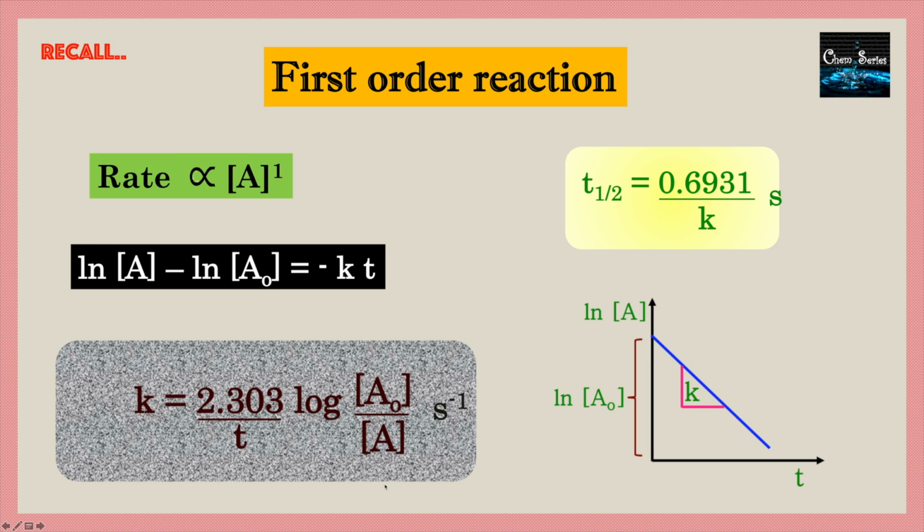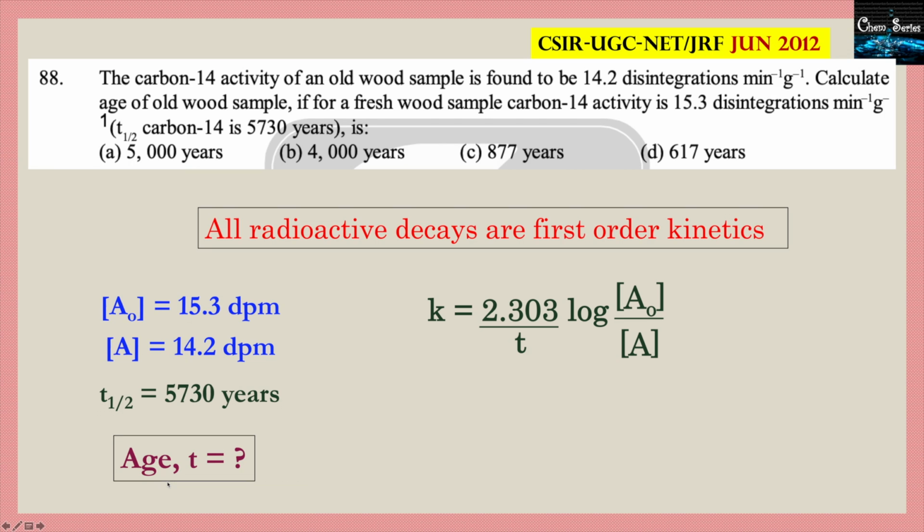So you see, we will take this rate constant equation to calculate t. We can also opt for this equation, but ln means it will be difficult for us to evaluate, right? So we are taking this equation. But in order to find t, we need k and A naught and A. We have A naught as 15.3 and the concentration of the reactant at time t is also available as 14.2 dpm.